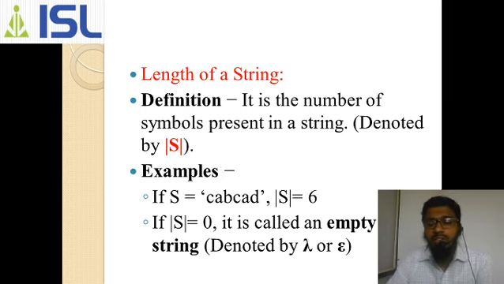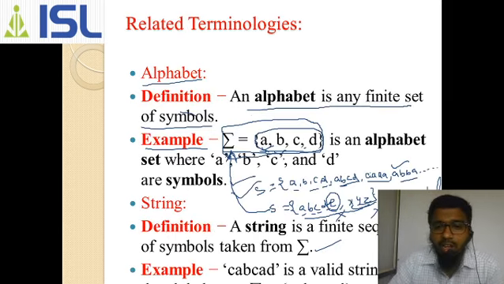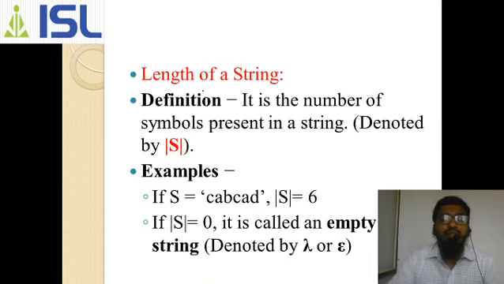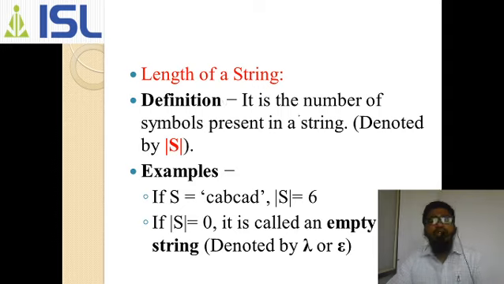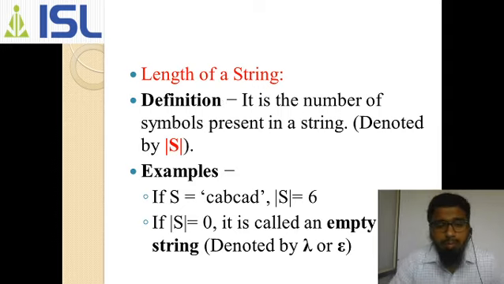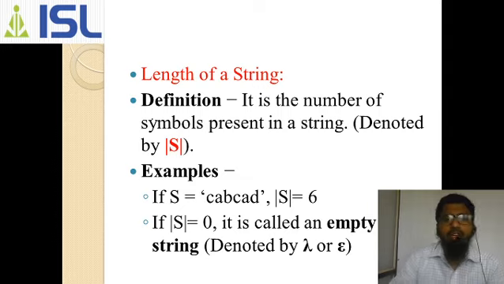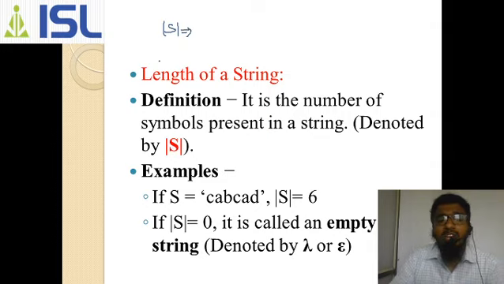Just now we did strings like this, so here we will see the length of the string. The definition: it is the number of symbols present in a string, denoted by |S|. Before that, what is a string, with an example?